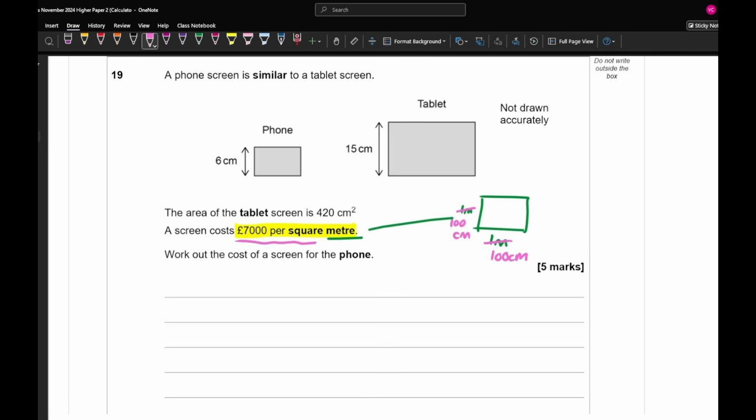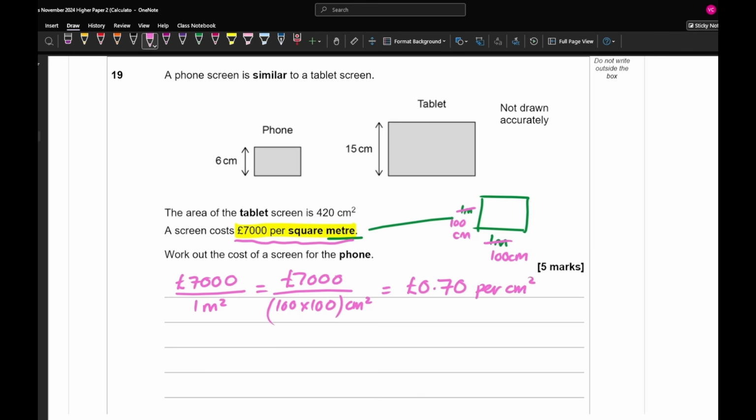Now, looking at this line here, I've got £7,000 per 1 square meter, and that's going to equal £7,000 divided by 100 times 100 centimeters squared. Now, working that out and doing 7,000 divided by 100 times 100 gives me an answer of 0.70, which is the price per square centimeter.